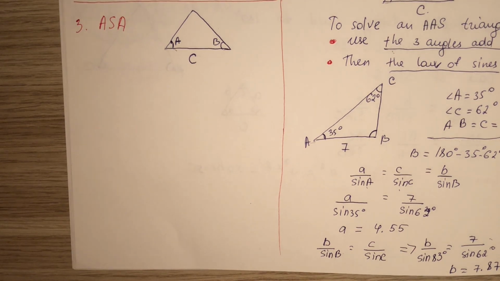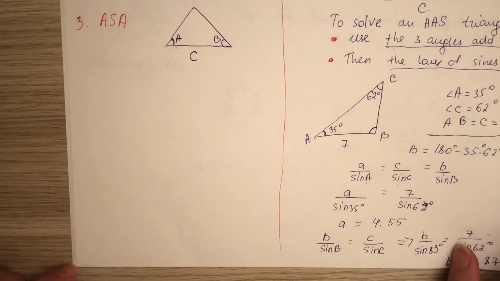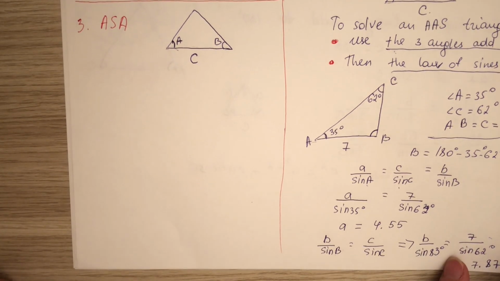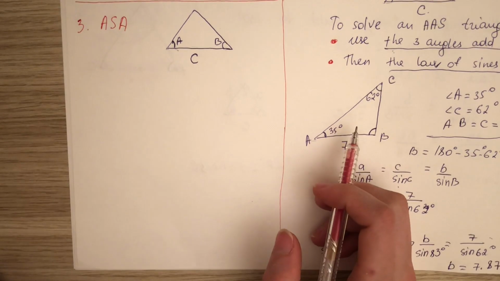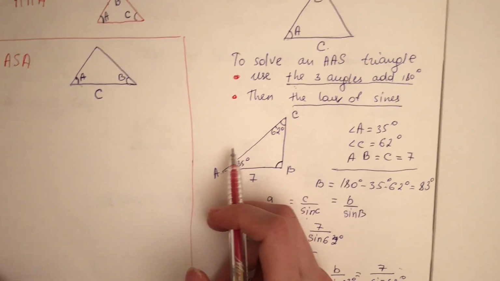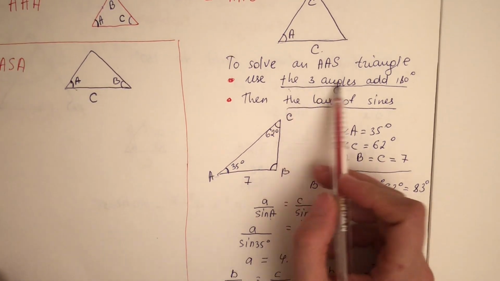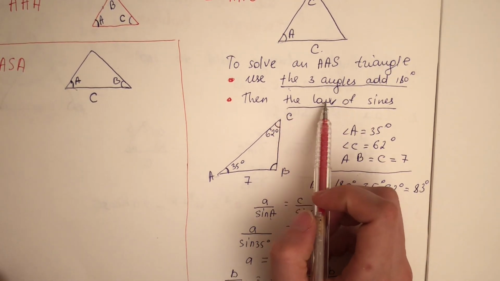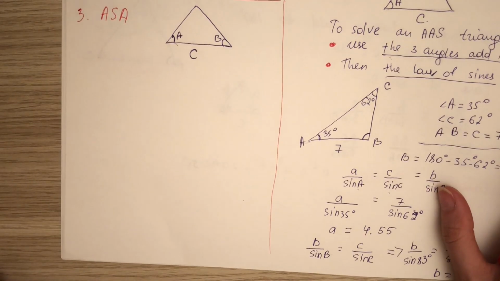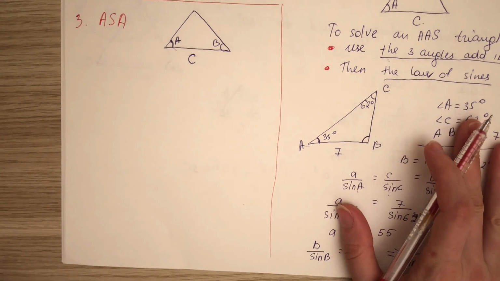So let's look through the solving method of this triangle. Firstly, find the third angle using the three angles adding to 180. And also we should use the law of sines. Let's show the example.